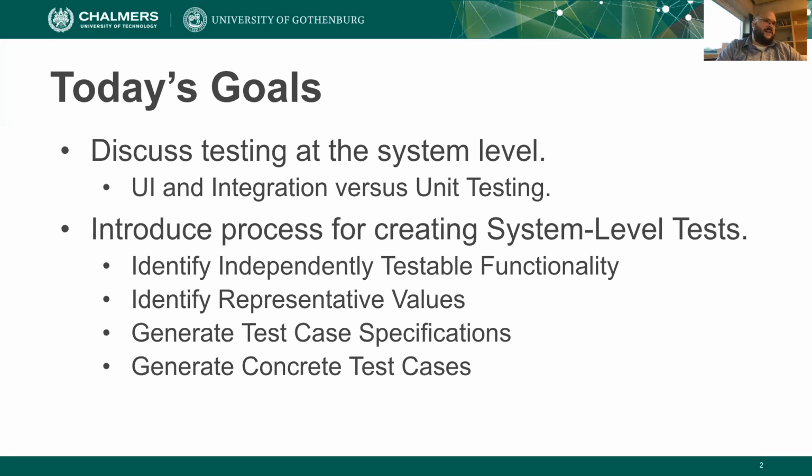And we'll introduce the process for how you create these system level test cases, where basically you identify the functionality that we can test independently. We identify for that the choices that we're going to make when we're testing, and then representative values for those choices. From there, we combine those choices to create test cases and execute those against the system.